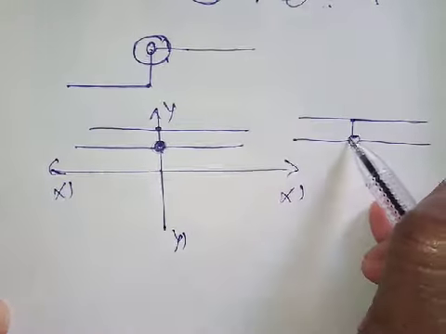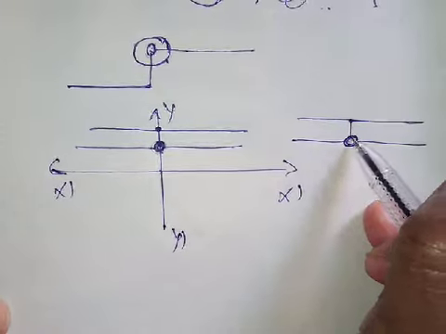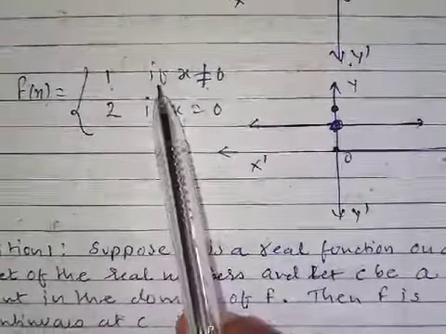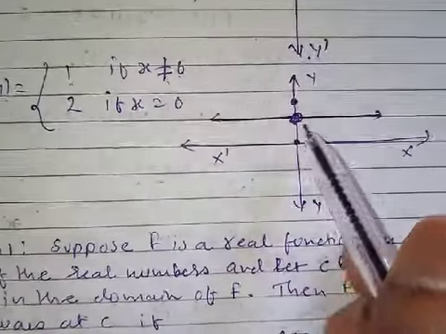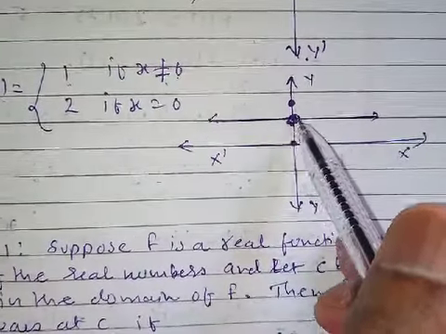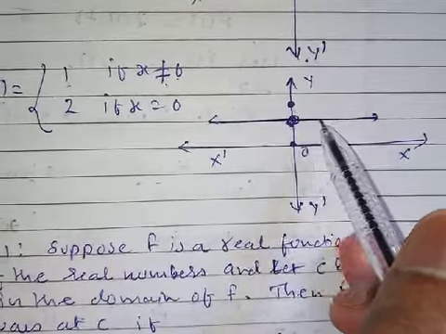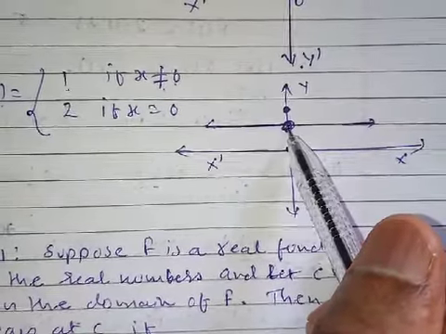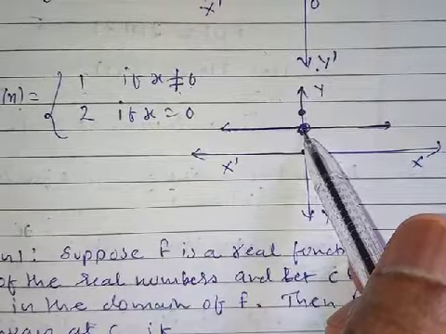So it becomes discontinued at 0. Understand? So f of x is equal to 1 if x is not equal to 0, so at 0 there is no value here, so it is a round. It is continued here and also continued here, so it becomes discontinued at this point.